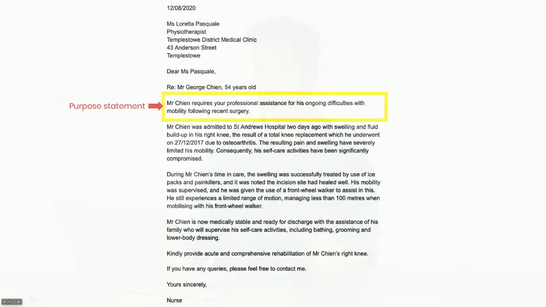What does it say here? His mobility following recent surgery. And it also briefly mentions the request, the thing that you want the recipient to do. Now, we'll talk further about the request paragraph at the bottom of the letter, but here in the purpose, you briefly mention that request, which says he requires your professional assistance.